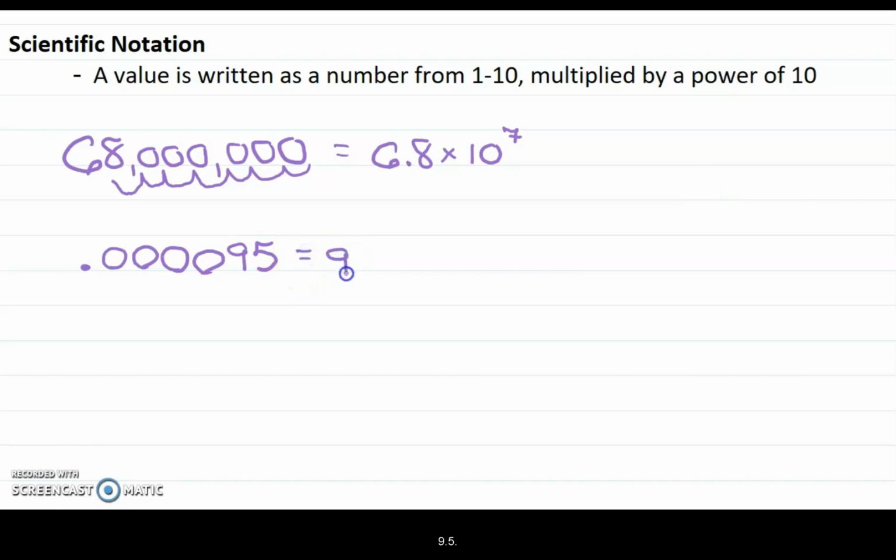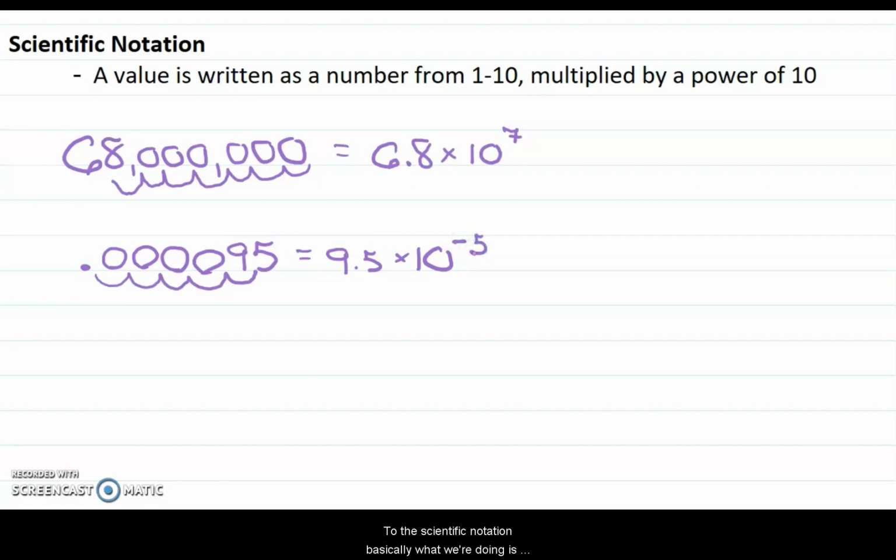So 9.5 times 10, and then the exponent here, we're going in the opposite direction. 1, 2, 3, 4, 5 places to get to that 9.5. So because we went in the opposite direction, my exponent's going to be a negative number. If my value is less than 1, my exponent is negative. So it's going to be 10 to the negative 5.